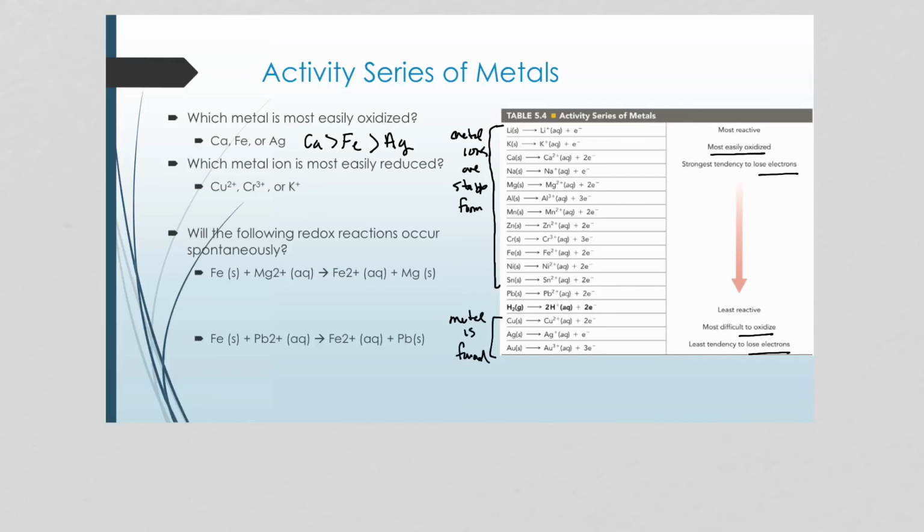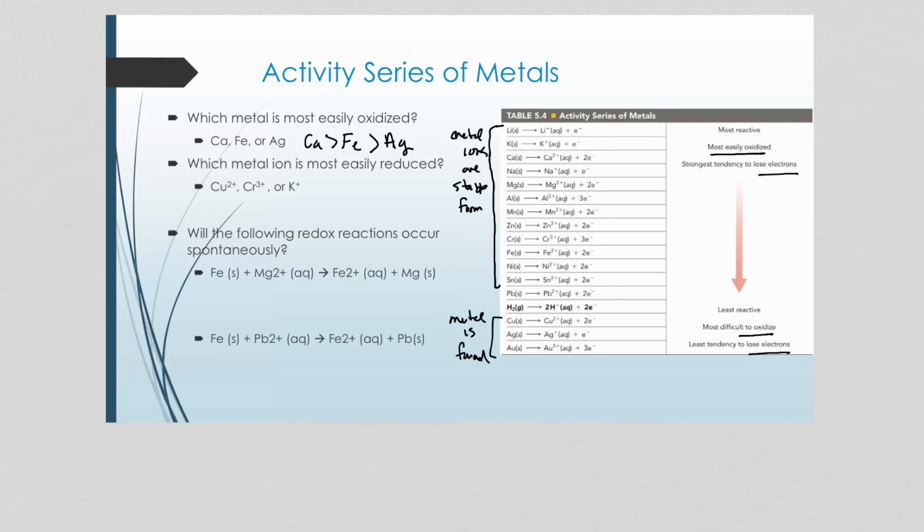Doesn't corrode. So when we think about these being oxidized, we can also reference what we know about metals and how they corrode. We may not know exactly what calcium does, but we know it's highly reactive. Iron, we've seen it rust. And silver, gold, these are metals that are essentially unreactive.